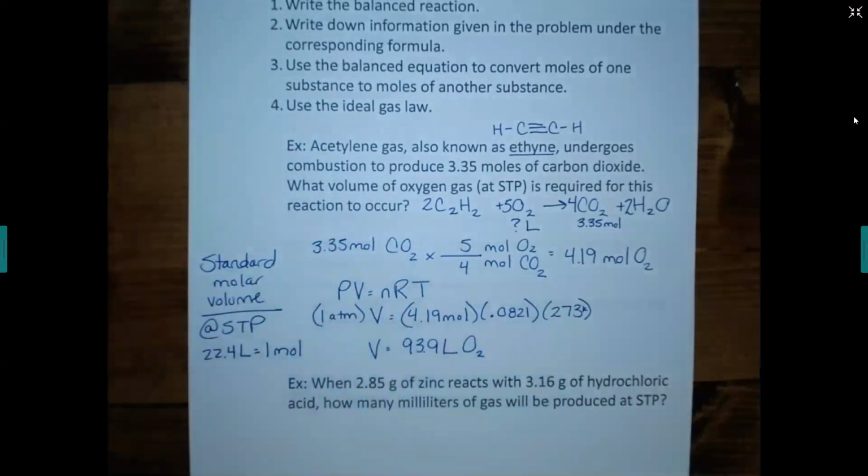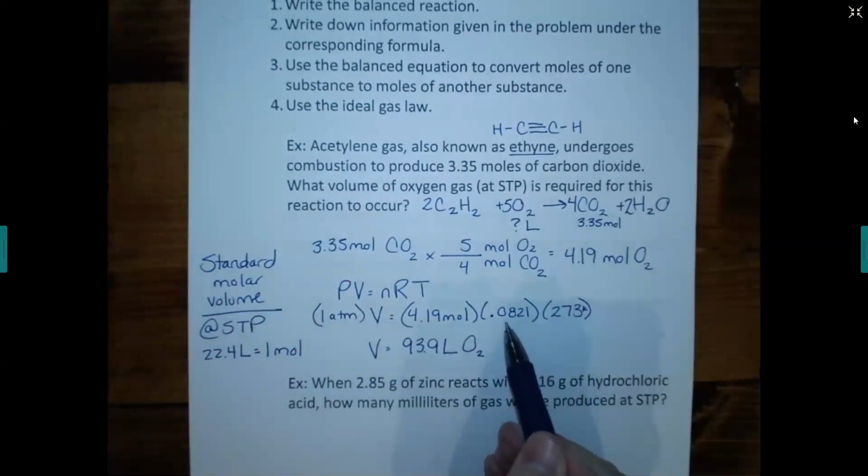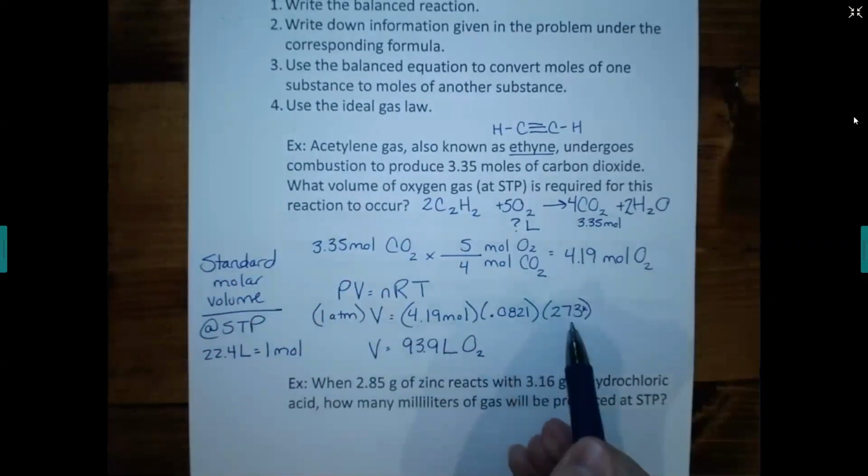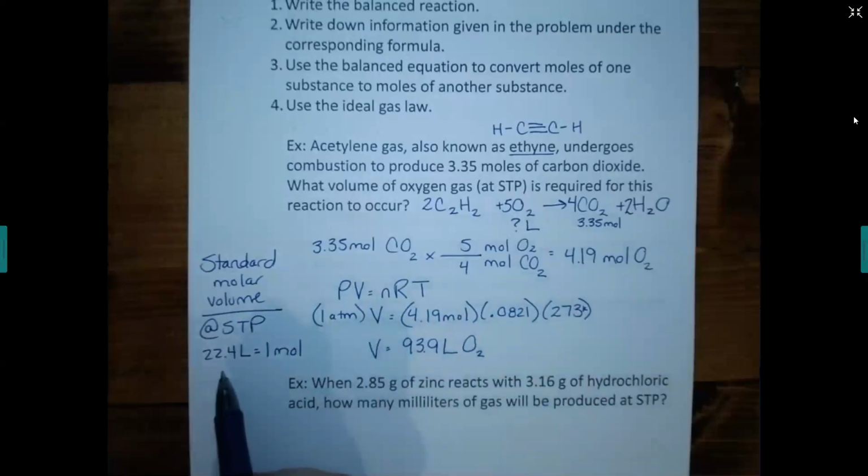Since that's the case, like for instance, this problem is at STP. Where they're getting that number from, that's what you get when you multiply 0.0821 times 273. If you multiply those two numbers, you get 22.4.